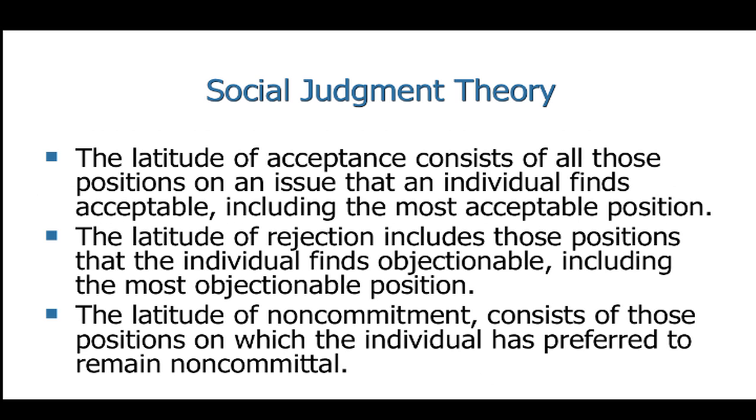The latitude of acceptance consists of all those positions of an issue that an individual finds acceptable, including the most acceptable position. The latitude of rejection includes those positions that the individual finds objectionable, including the most objectionable position. The latitude of non-commitment consists of those positions on which the individual has preferred to remain non-committal.